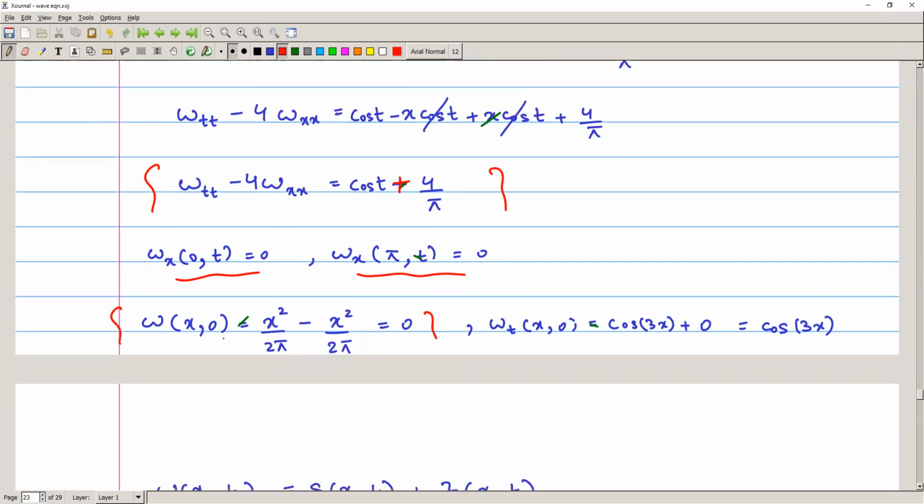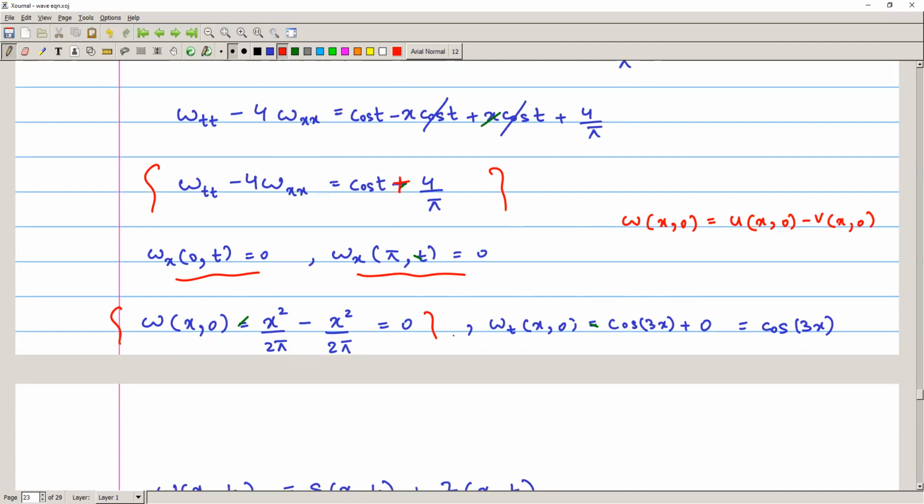be transformed as well. So w(x,0) will be equal to u(x,0) minus v(x,0). So x squared over 2 pi is u(x,0), and then v(x,0) is also x squared over 2 pi.